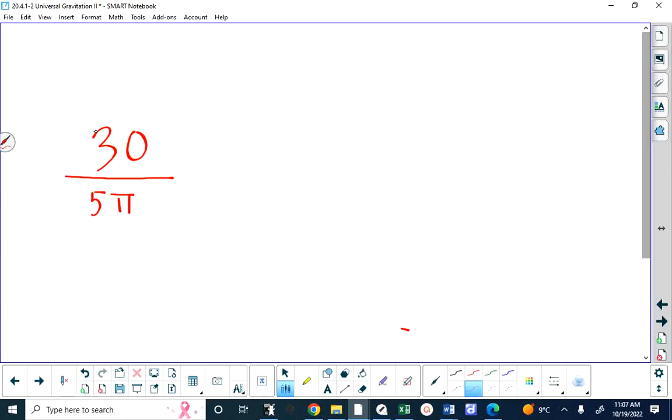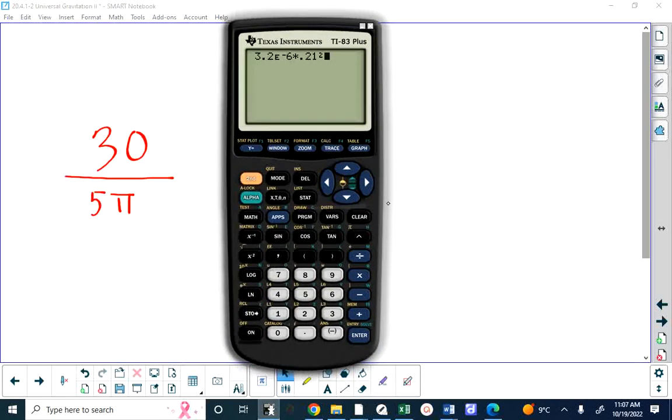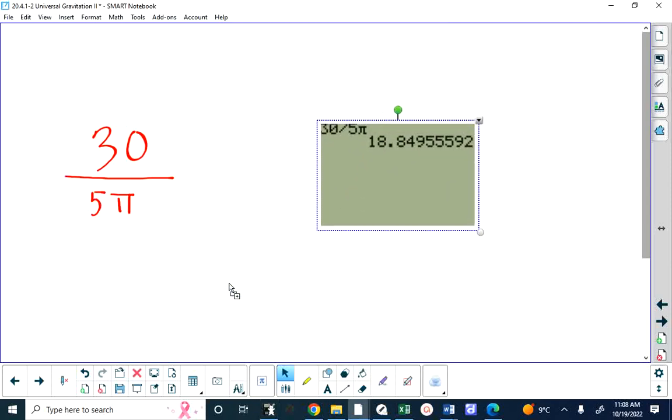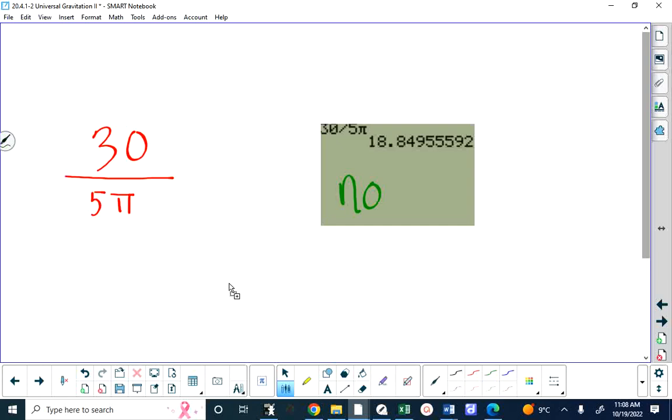If you got 18.84, you're not realizing something. When you enter 30 divided by 5 pi and get 18.84, that is wrong, because what you have entered is 30, divided by 5, and then pi, which means times pi.